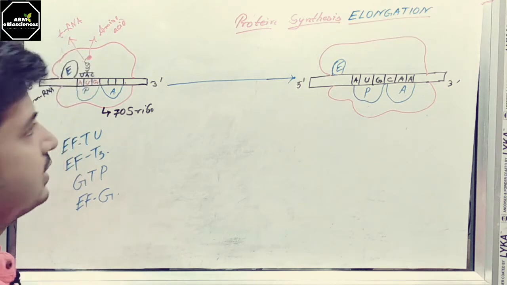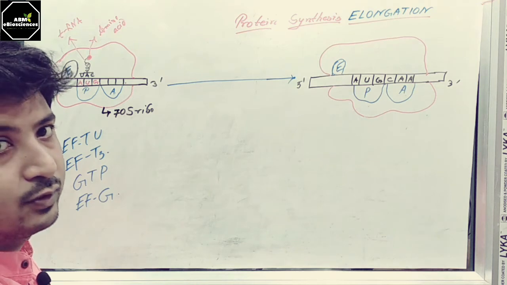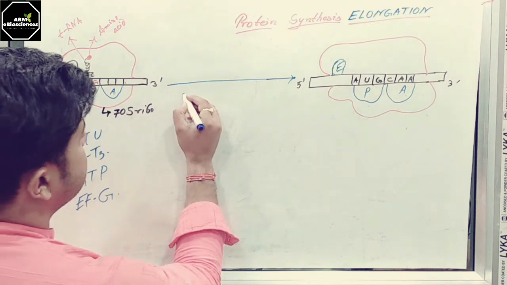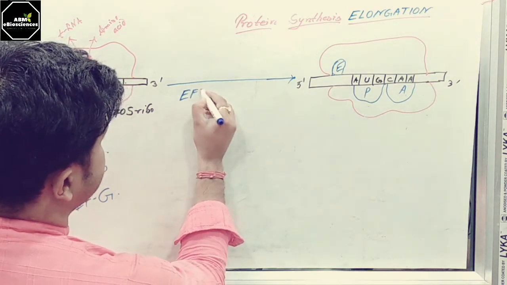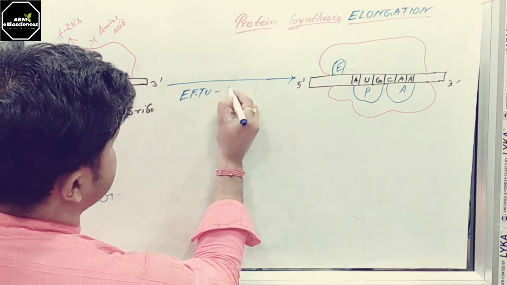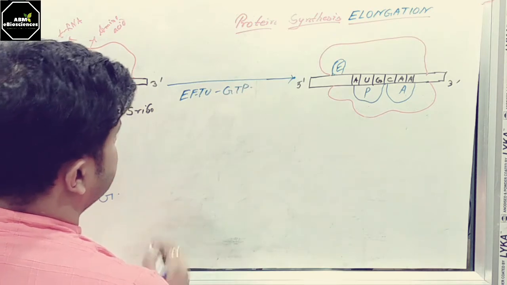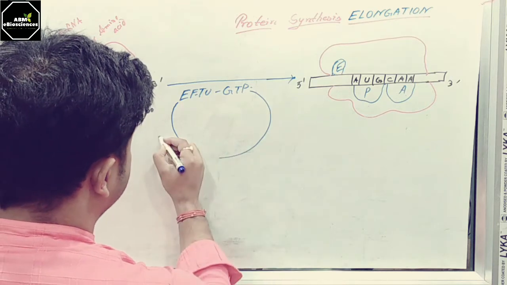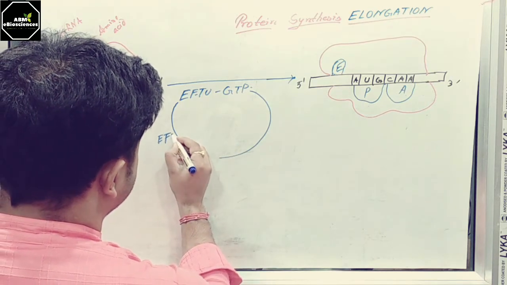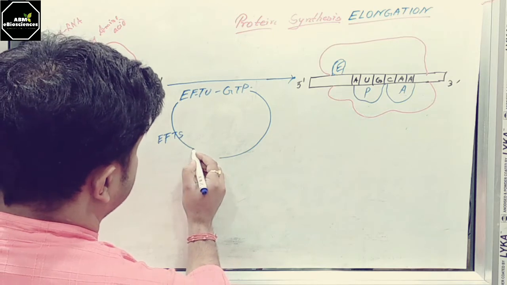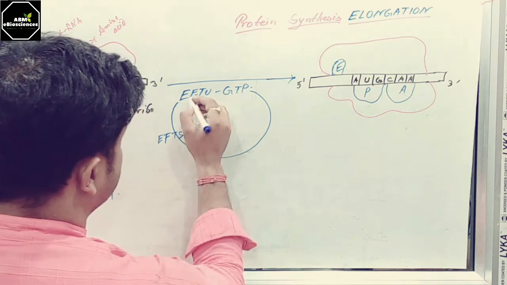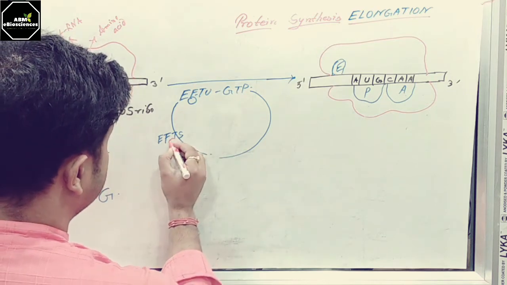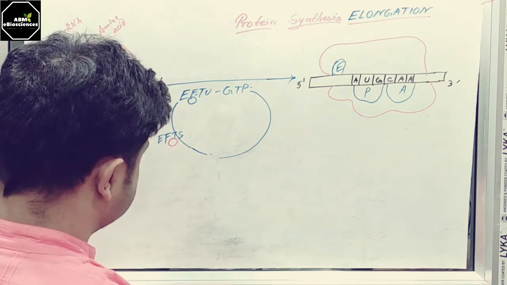Initially, in the initiation, the IF2 GTP complex was required. Now here the EF-TU GTP complex is required. This EF-TU GTP complex recycles with the help of EF-TS. If I draw some circles, this blue one is the EF-TU, the red one is the EF-TS.